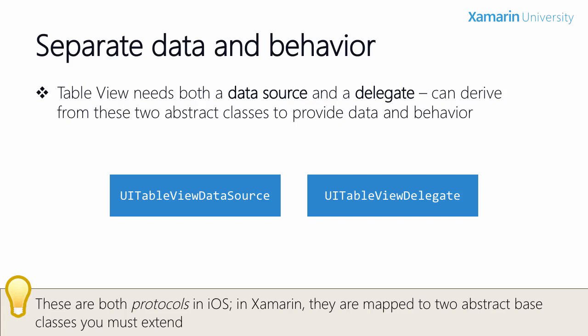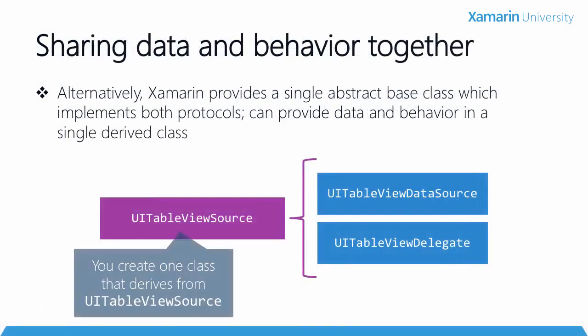This is the way iOS works, and any native sample you look at would have implemented both of the protocols independently, although possibly they'll do it on the same class since Swift and Objective-C both support protocols. It's not terribly convenient in C# however, because we'd have to create two separate classes. And it's not generally the most common requirement either, so in Xamarin, there's a shortcut we can take.